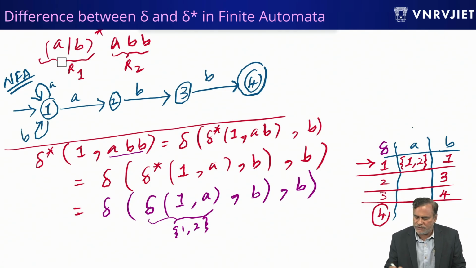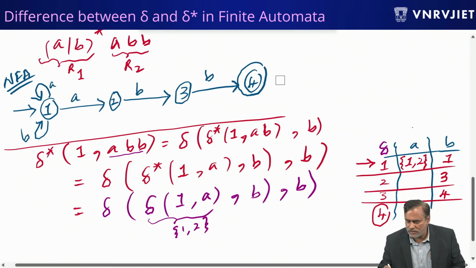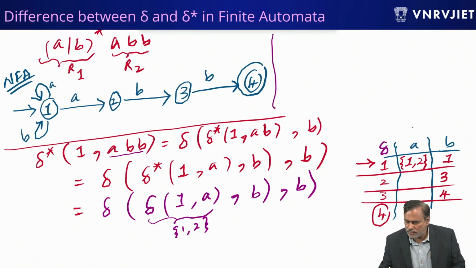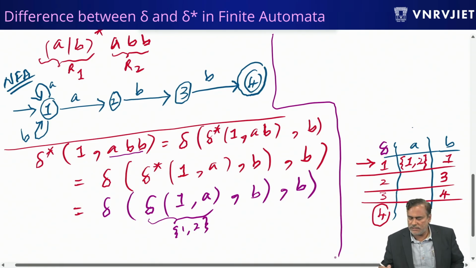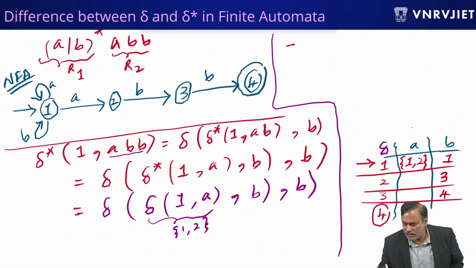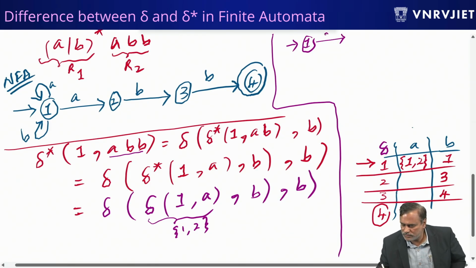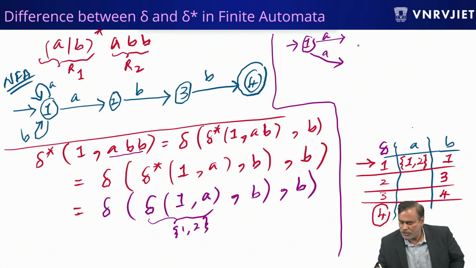The processing starts with the start state, which here is 1. From 1 on reading the first input symbol a, you can go to 1 or you can go to 2.